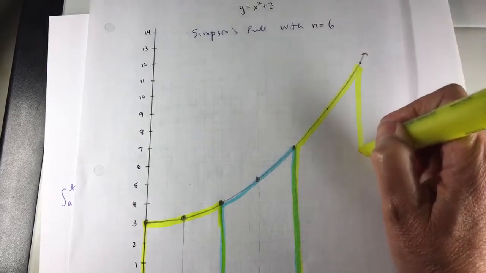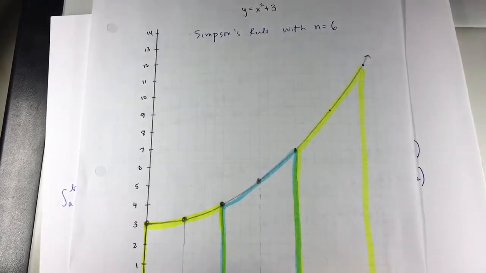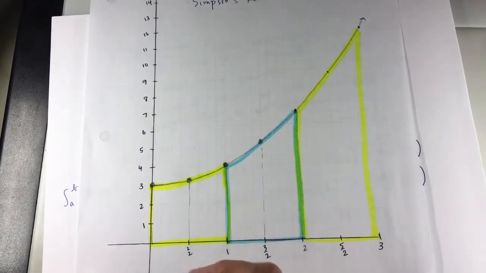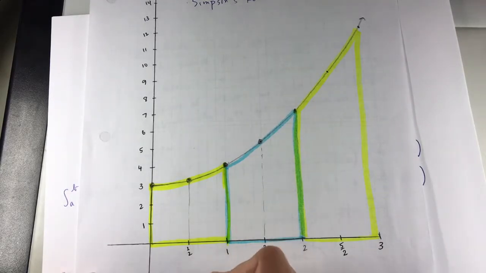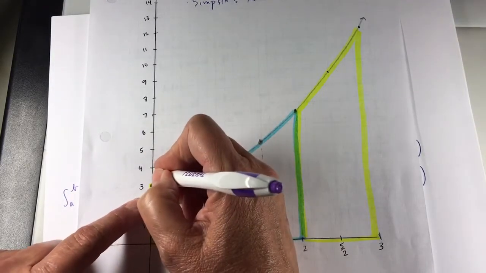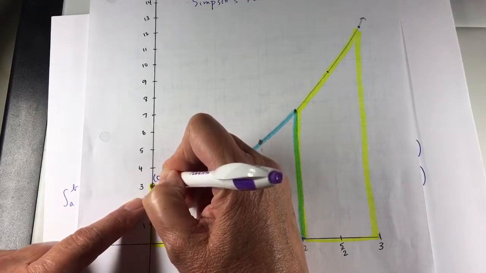So I'm going to find the area that's enclosed by what I've highlighted there. Well, actually, we're just going to use Simpson's rule. So let's do it. We're doing S sub 6. It is delta x over 3 times f at x sub 0, which is this one right here. X is 0, y is 3.